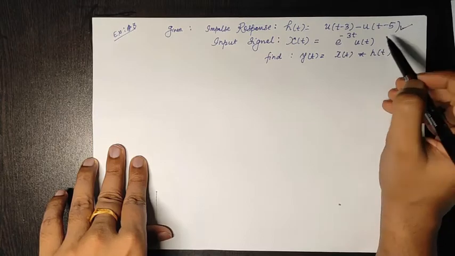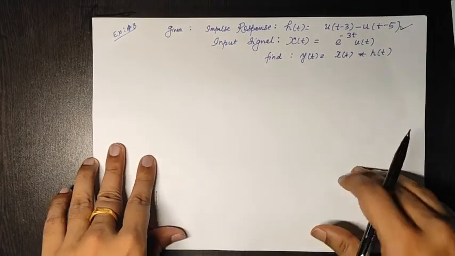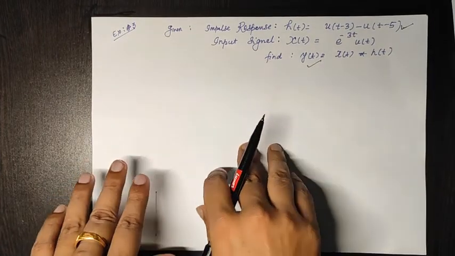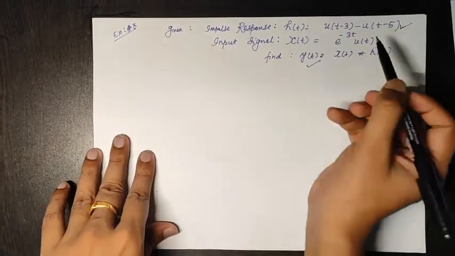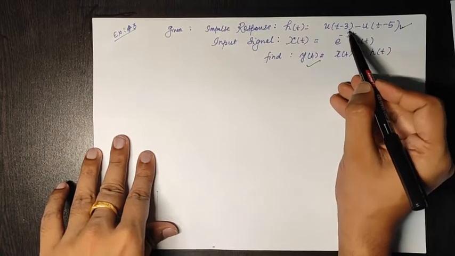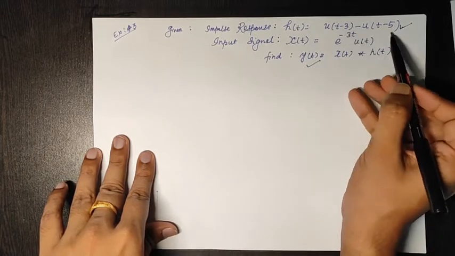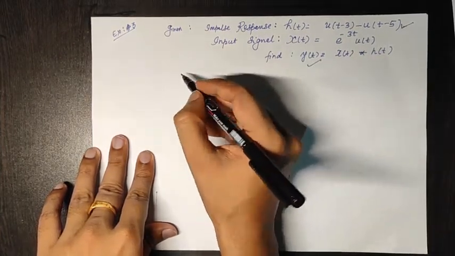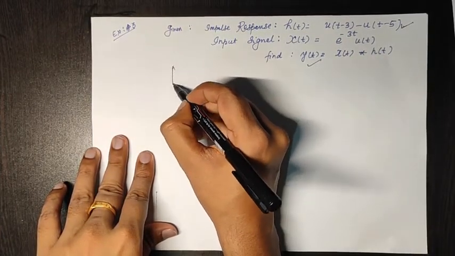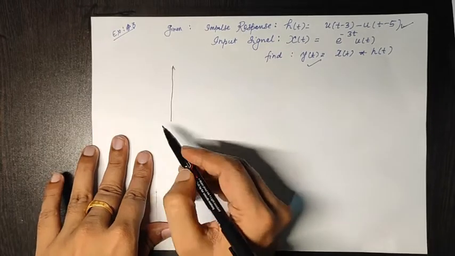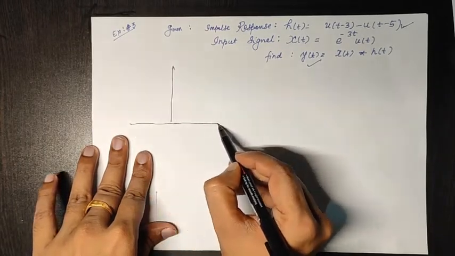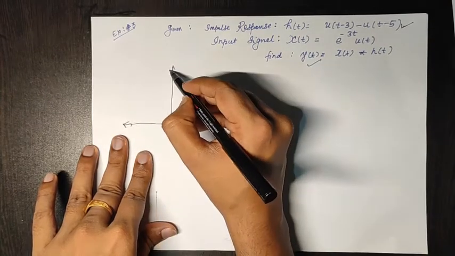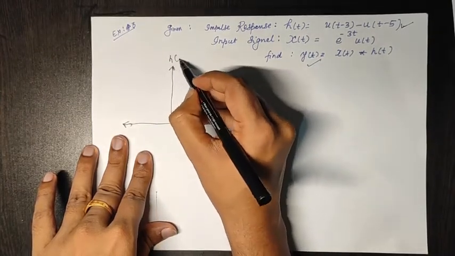The input signal is given, and simply we have to find the convolution sum. So let us plot h of t, it is u of t minus 3. So this is the gate function from 3 to 5. Let us plot it.